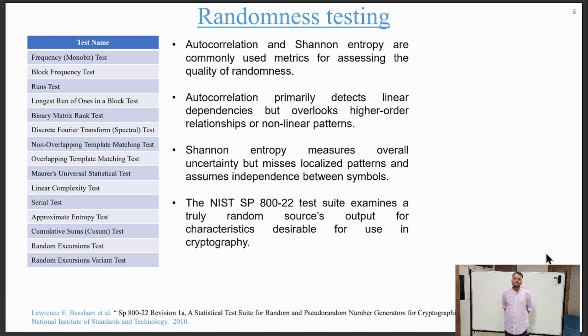It's not the perfect measure of entropy. Whereas autocorrelation also ignores higher order dependence. So we have to resort to the NIST test suite that is standardized for TRNG design. It has a battery of 15 tests. Only if you pass all the tests can you say that you have a truly random output.